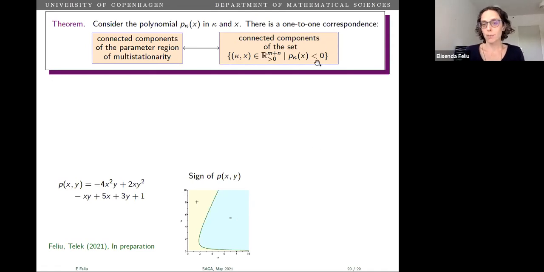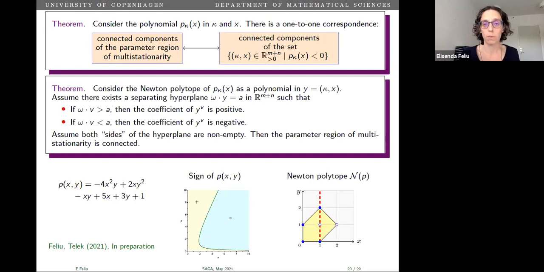But then, of course, we had to decide that, right? How do I decide the number of connected components where a polynomial is negative? And again, the Newton polytope is very useful. We have several results to decide that, but I show you one today, which again follows simple arguments relating signs and polynomials.